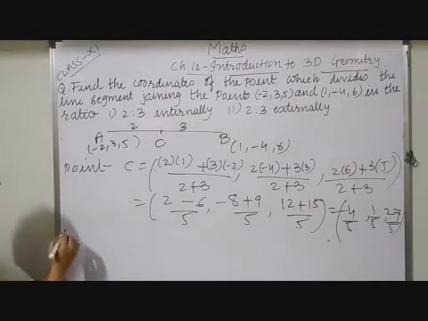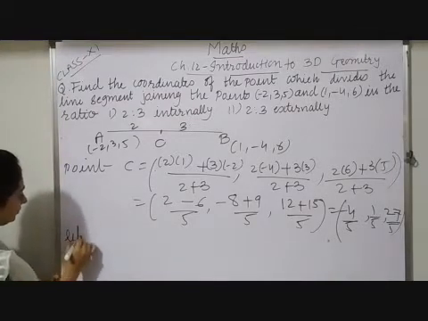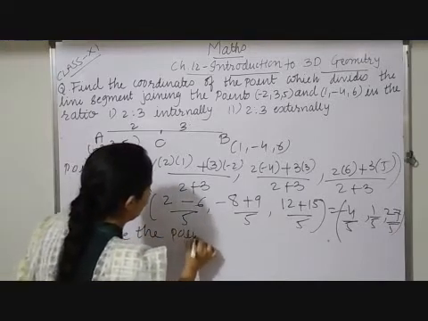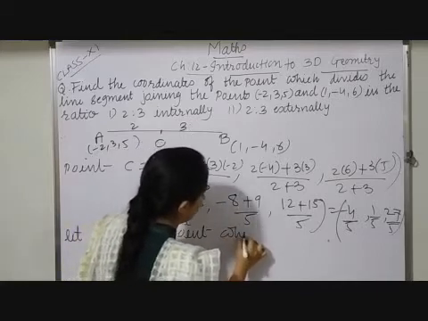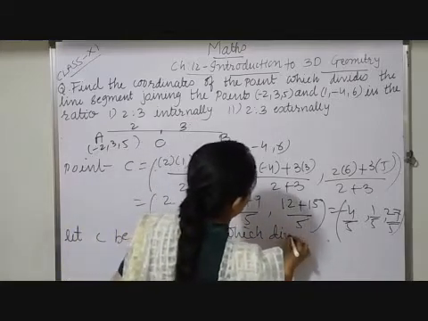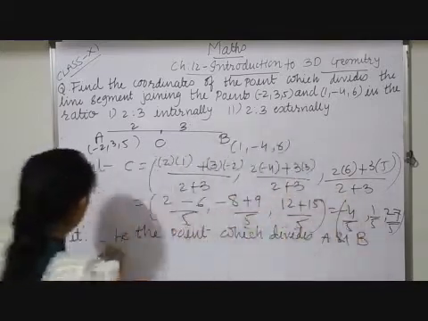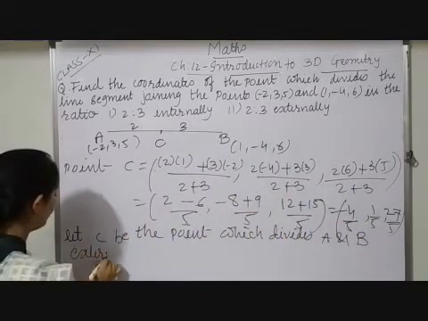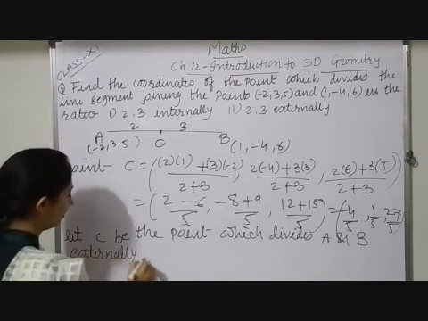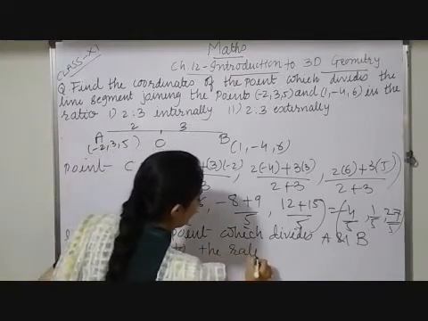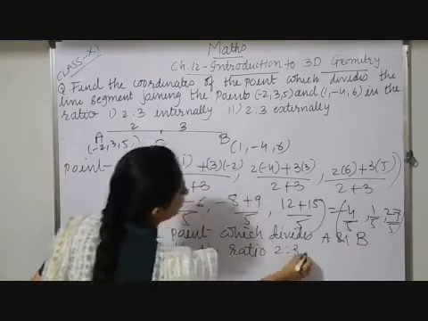So here we will write: let C be the point which divides A and B externally into the ratio 2:3. You have to specify this thing.